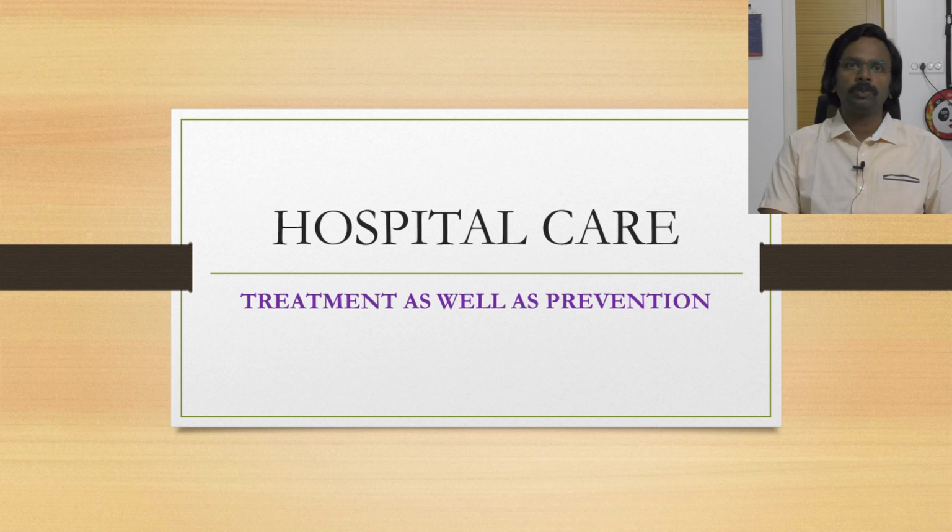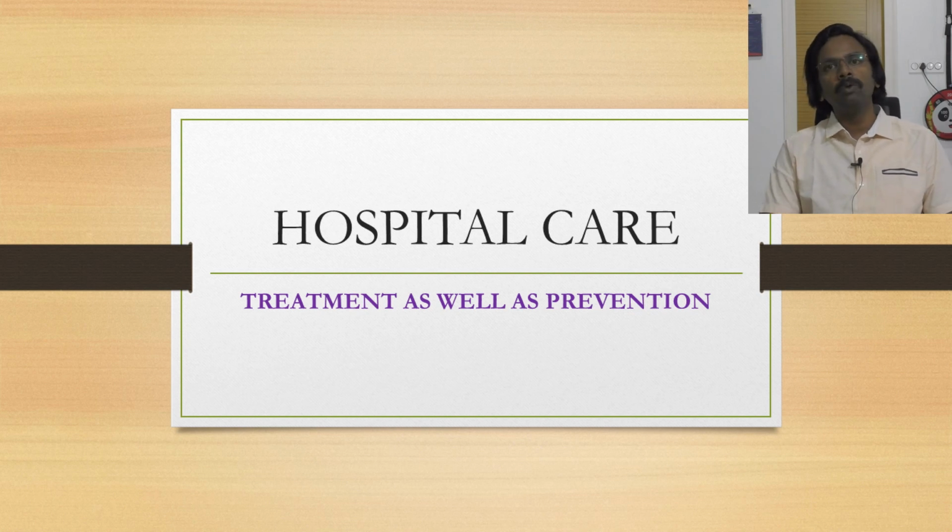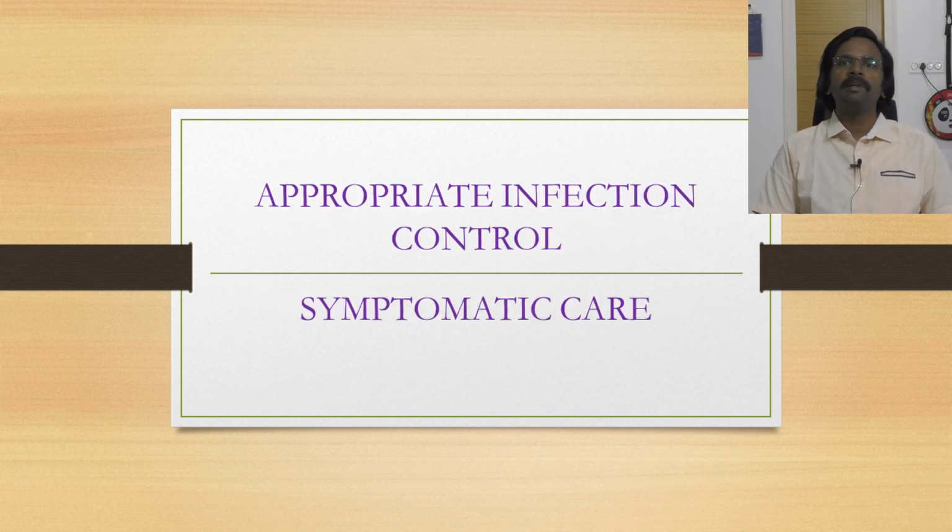And when it comes to hospital treatment, in-hospital treatment includes treating the patient as well as preventing transmission from that patient. So the management in hospital includes appropriate infection control measures and symptomatic care.